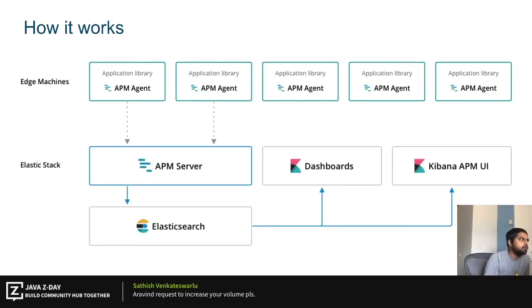All the data is shipped to the APM server, and then it is put into proper documents and shipped to the Elasticsearch server. Now there are dashboards and different sorts of UI which help you find out a lot of these details.